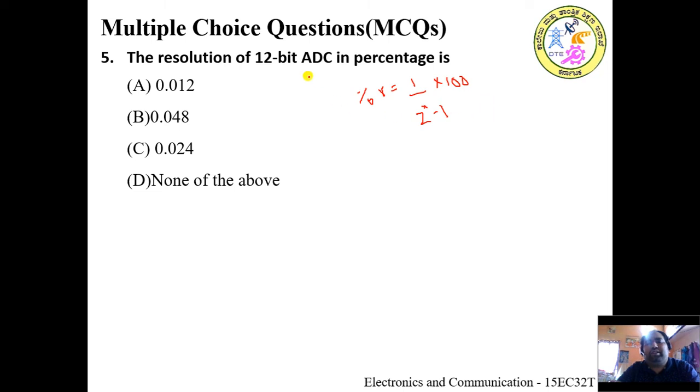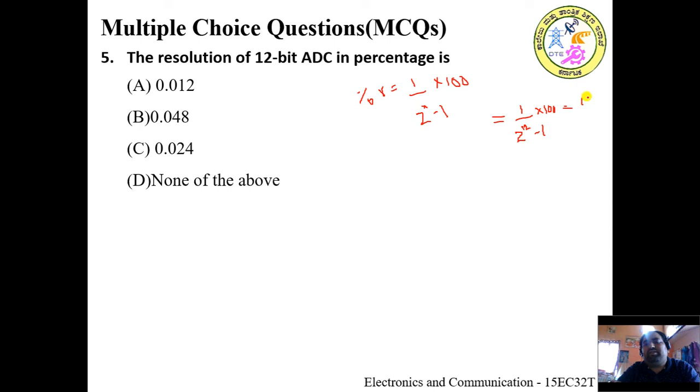So here the n value is 12. If we substitute the value 12 here, then it becomes 1 over 2 to the power of 12 minus 1 into 100. 2 to the power of 12 means it will be 4096. 4096 minus 1 means 4095.